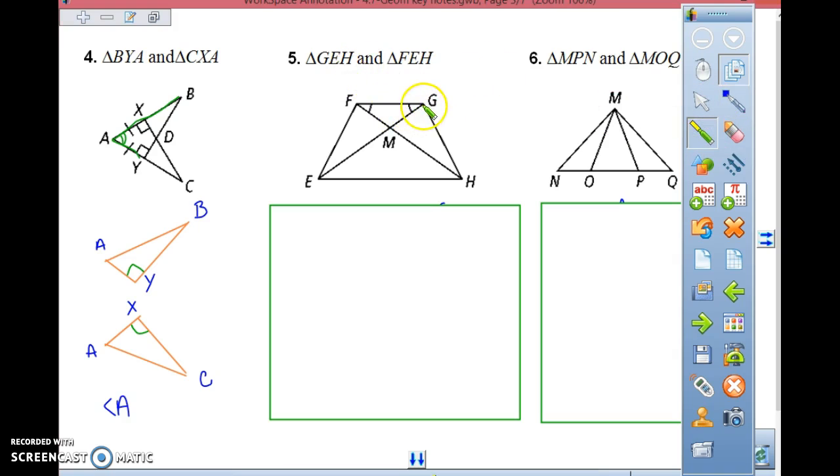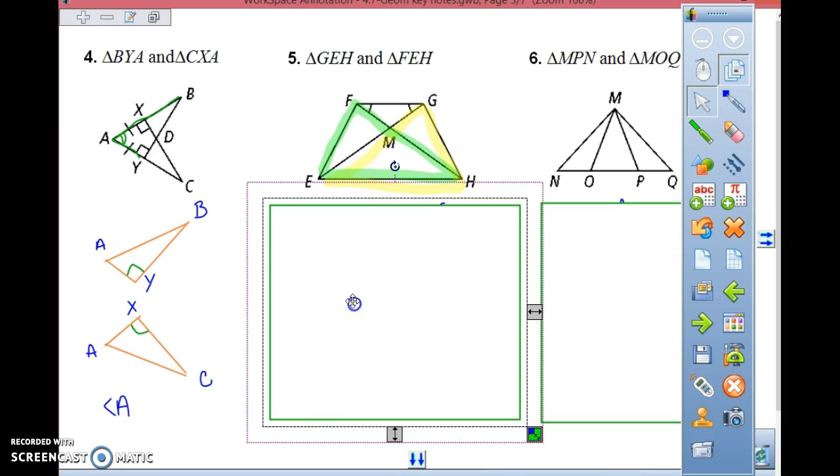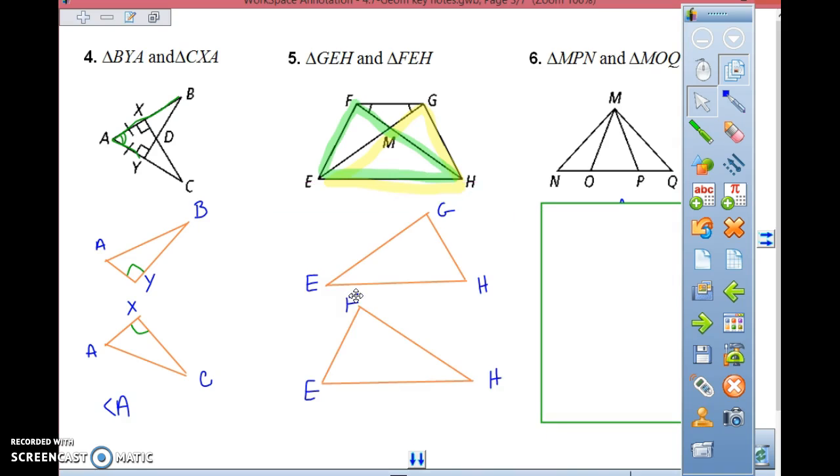Question 5, triangle GEH would go to there, and triangle FEH goes there. So sometimes when they're on top of each other, it's hard to see what piece is the same.